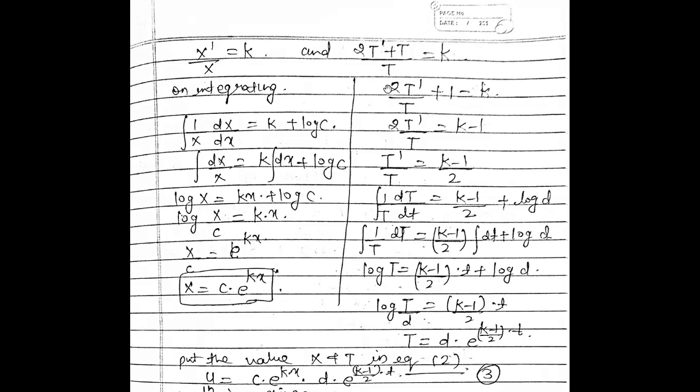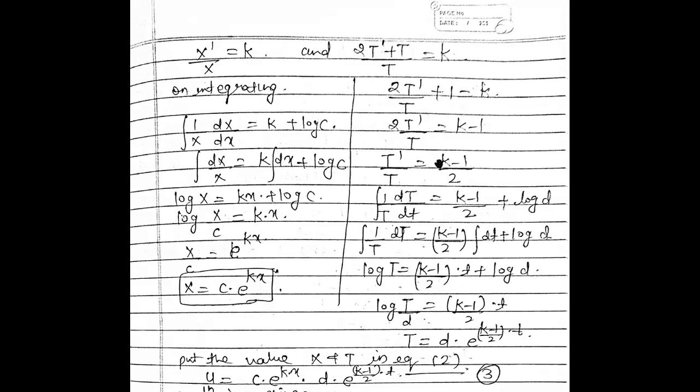Now for the solution of T, so 2T' plus T upon T is equal to k. Just dividing by T, so k minus 1 plus 1 here. So just move it from the right hand side. So T' upon T is equal to (k minus 1) upon 2.